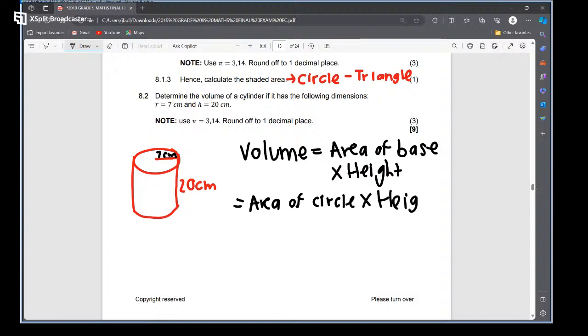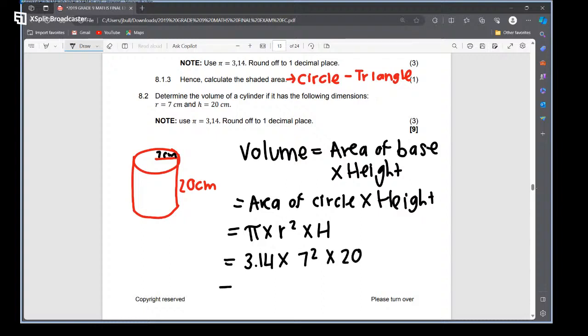So we already have to remember the area of the circle. The area of the circle, we said, is pi times the radius squared. In this case, they have given us the radius, which is quite nice. So pi times the radius squared times the height. We just got to plug these values in. So pi is 3.14, the radius is 7 squared, and then the height is 20.